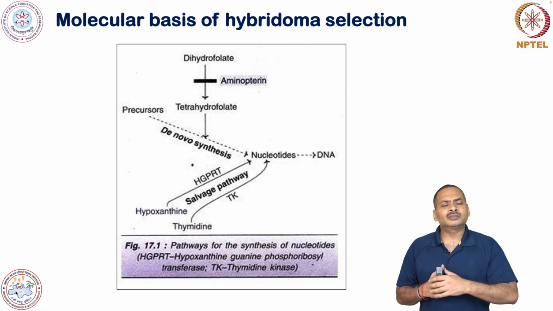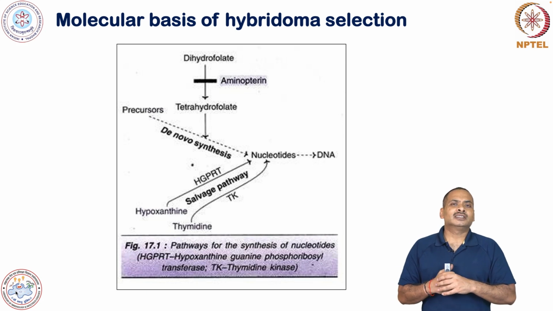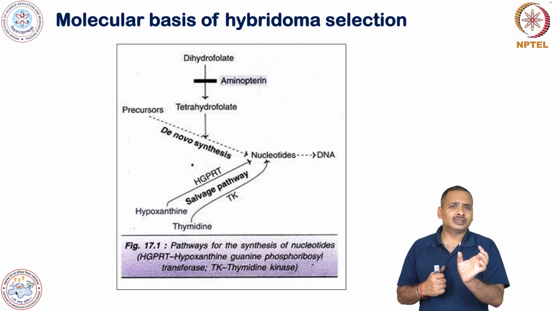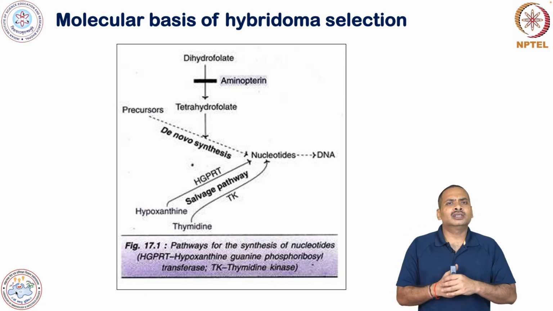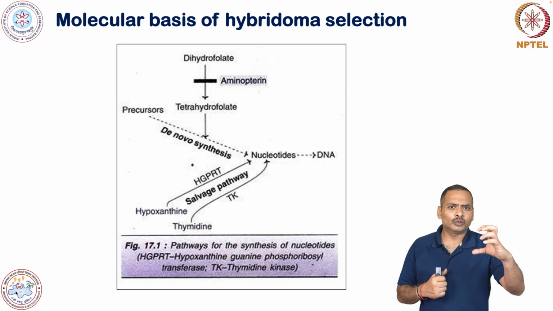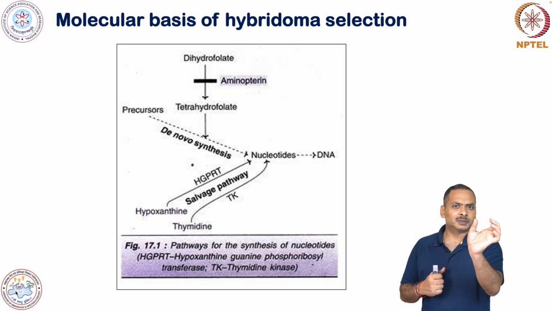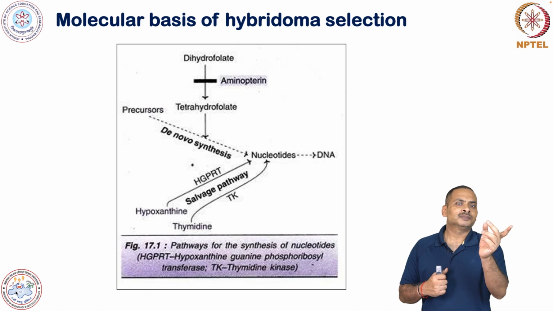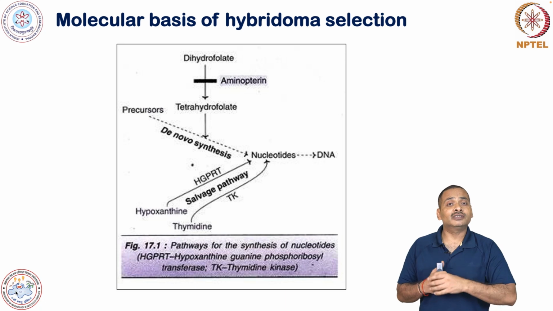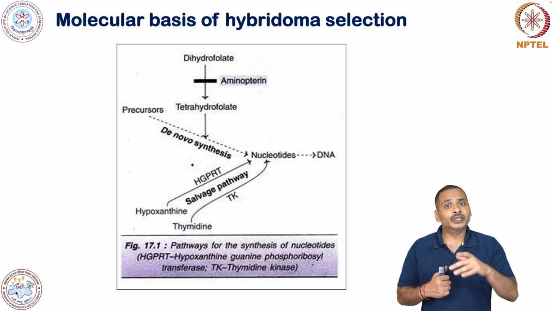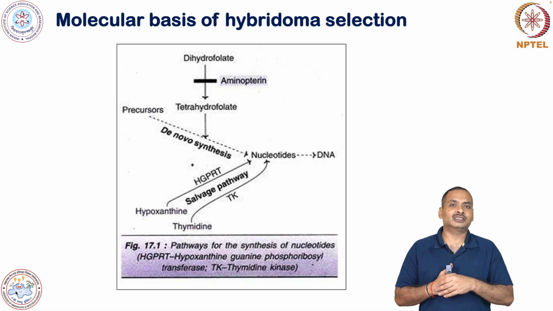So after putting these cells on this HAT media, what will happen? This aminopterin will kill the de novo pathway, okay. And please remember, the cells which are derived from spleen will have both the dihydrofolate reductase enzyme as well as the hypoxanthine guanine phosphoribosyl transferase, which is absent in myeloma cell. Please remember that thing, okay.